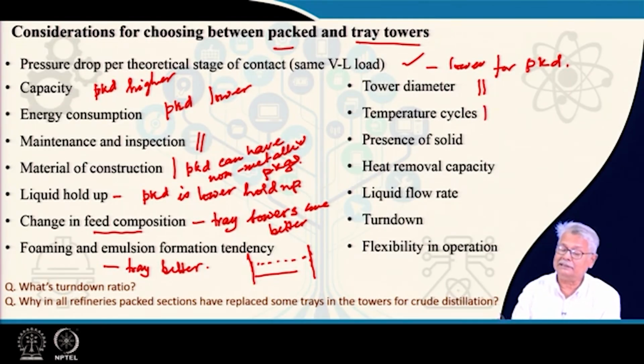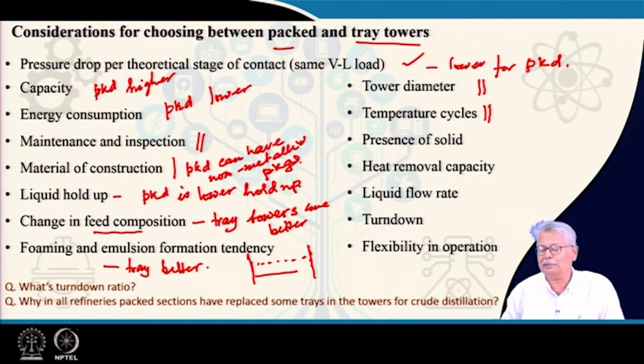Regarding temperature cycles, the trays win. The trays are metallic trays, and almost all components on the tray are metallic and have a similar coefficient of expansion. Whereas in a packed tower, the packing material expansion coefficient and the shell material expansion coefficient are usually different, so during temperature cycles there will be contraction or expansion of these two.